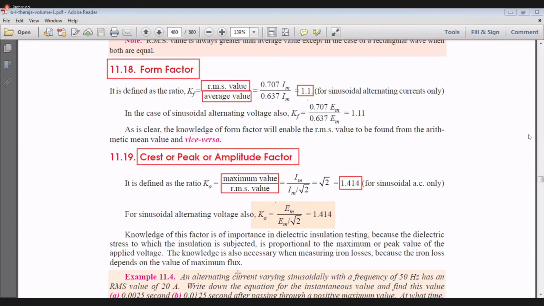These are important characteristics of a sine wave, and we can find them for other waves also. If you have understood till here, please type into the chat box.